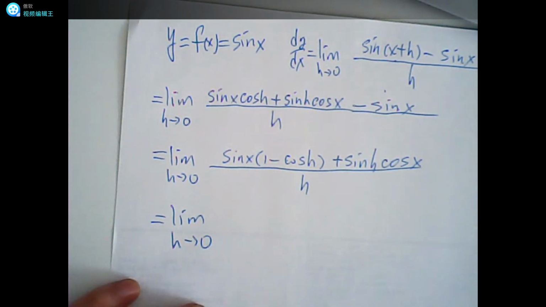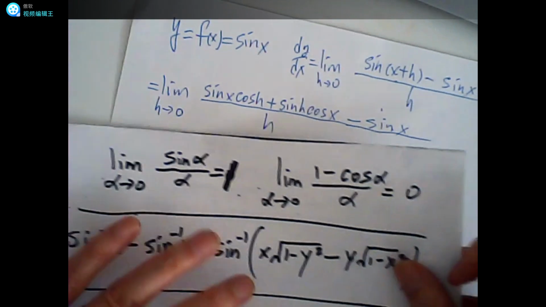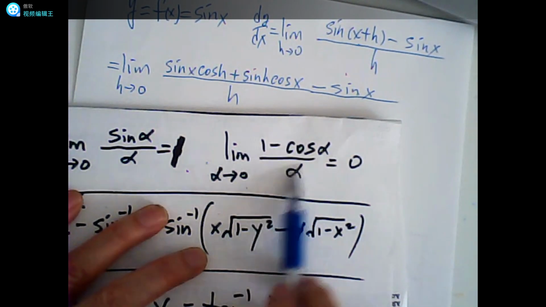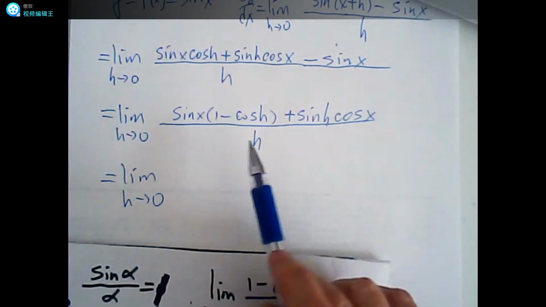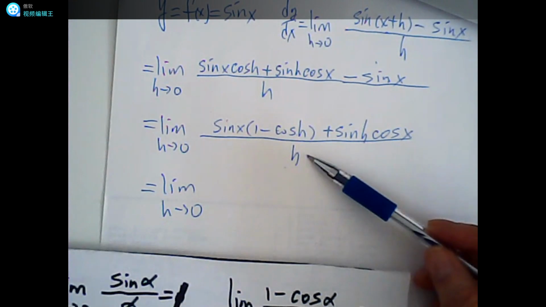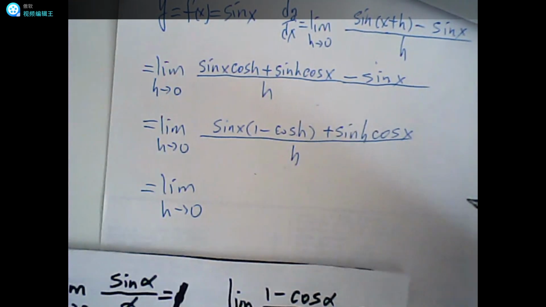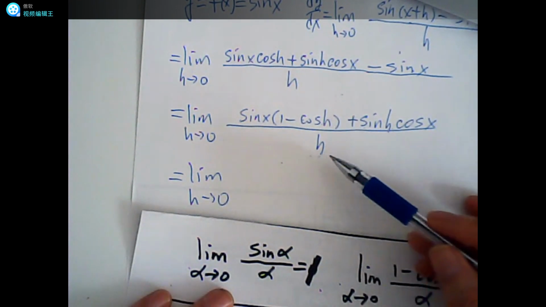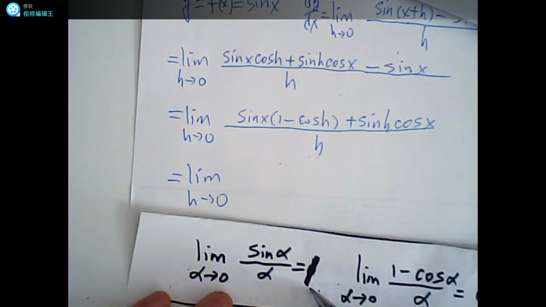Now, as I said before, we need these formulas, right? 1 minus cos h over h as h goes to 0 is 0. So this one is 0. And sine h over h as h goes to 0 is 1.